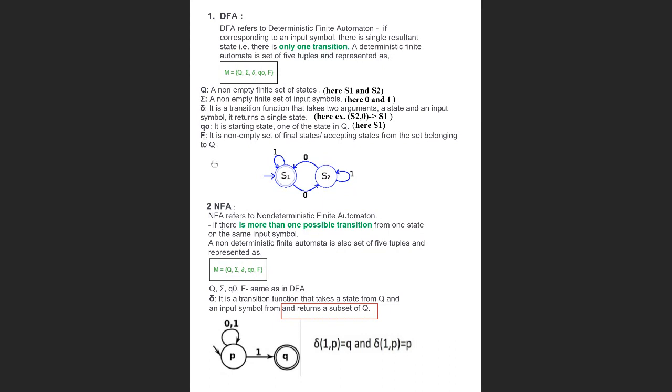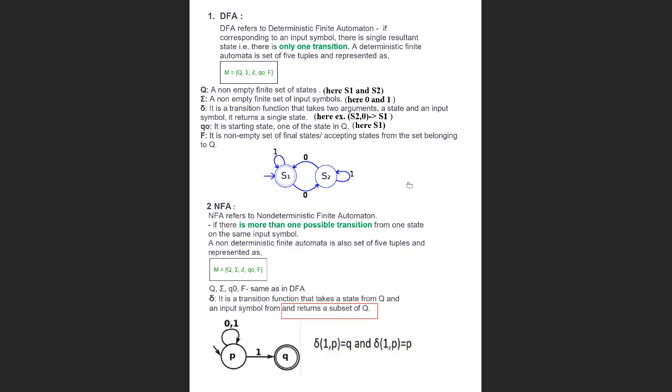Here it is S1. F is non-empty set of final states. Here it is S1 as well. So this is roughly what we have in the deterministic finite automaton. Important is here that the delta transition function is mapping a pair of inputs into just one state.